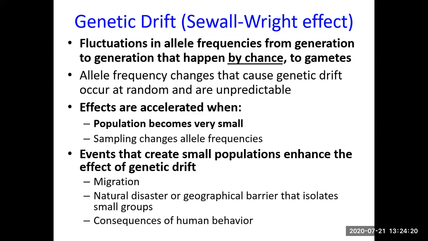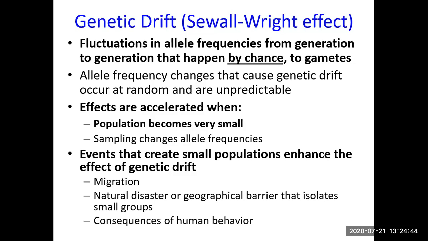What is genetic drift or the Sewall-Wright effect? Genetic drift means random fluctuations in allele frequencies from generation to generation that happen purely by chance to gametes. Something happens, a freak accident occurs, and this causes a change in the allele frequencies of a population. Let's say there was an island and a tsunami occurred.